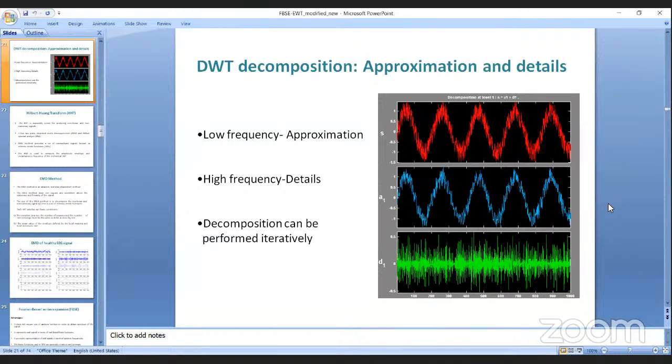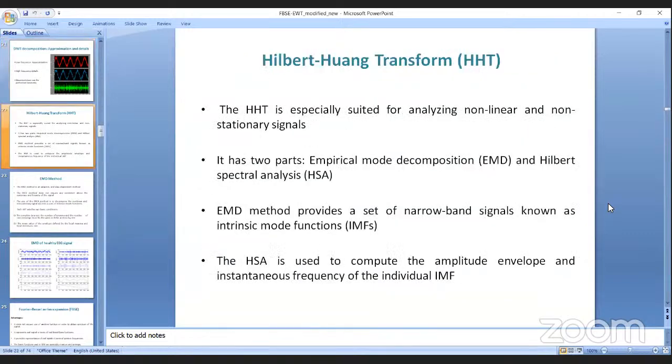Due to these reasons, in the literature, in 1998, another transform was proposed, known as the Hilbert-Huang Transform. Whatever transforms you have seen till now, the Fourier transform and the wavelet transform, use basis functions that we design from our side. All signals are represented with the help of basis functions. In the case of the Fourier transform, these basis functions are sinusoidal functions.